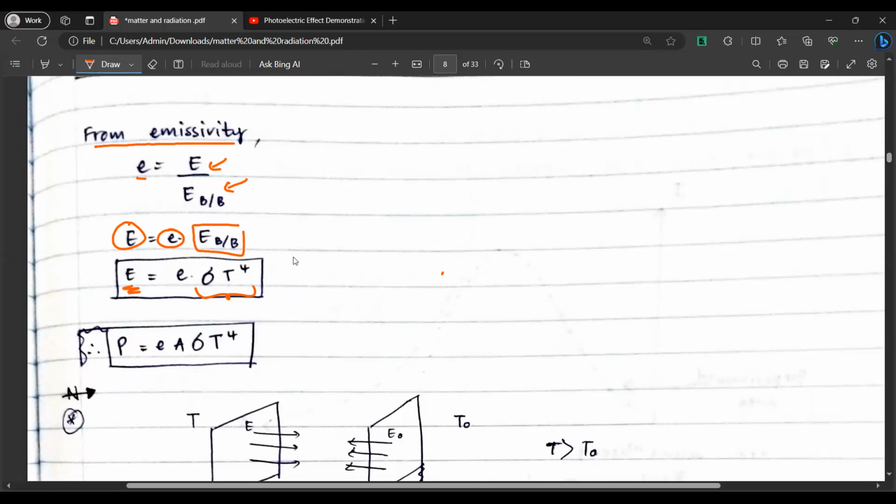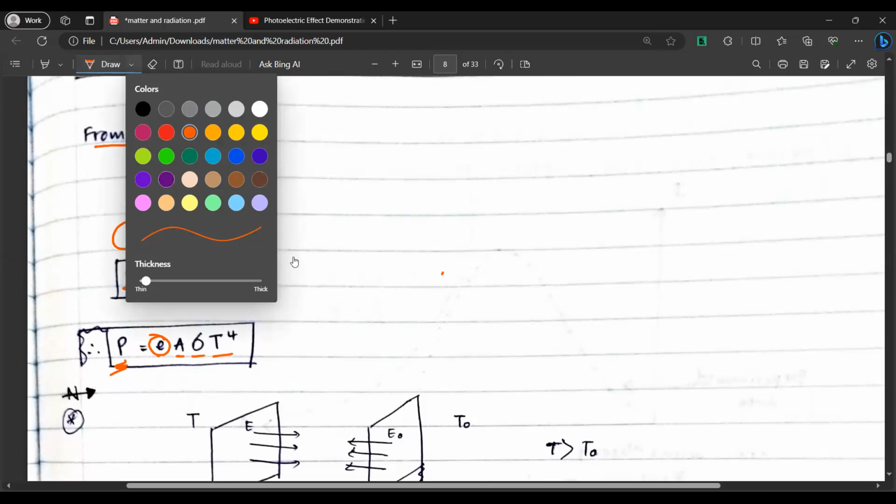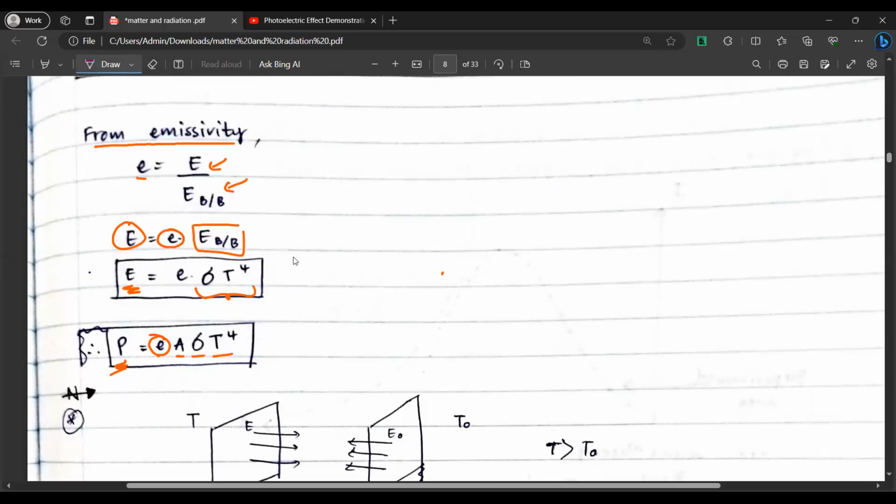Now here it's E. So power is A sigma T to the power 4 into simple e. I hope you all can remember the E over here. This is not energy. This is power over area. Okay, from the definition, it is power over area. So if you want to find the power, you just have to multiply by the area.